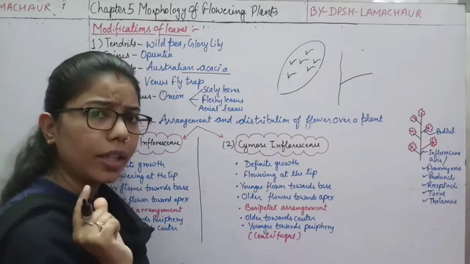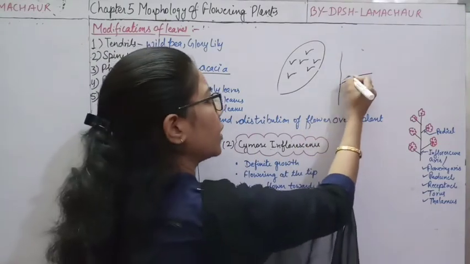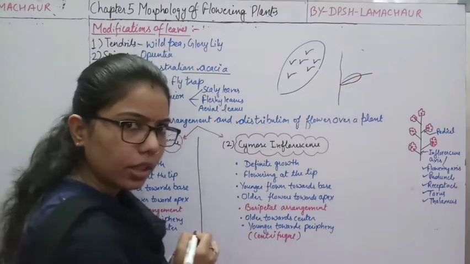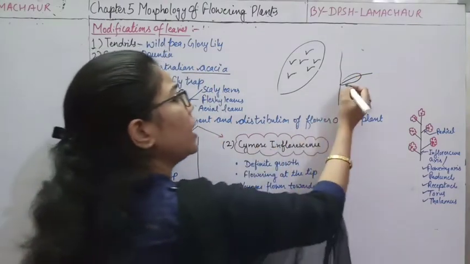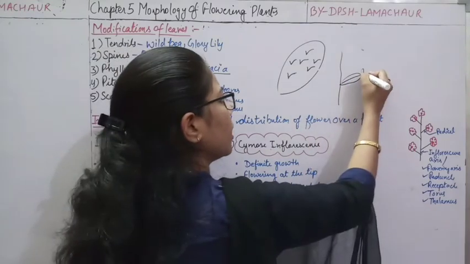The petiole of the leaf, the stalk of the leaf, will transform into this flat-like structure.